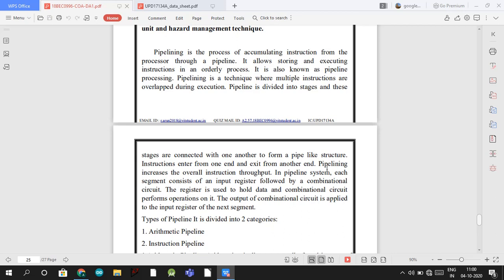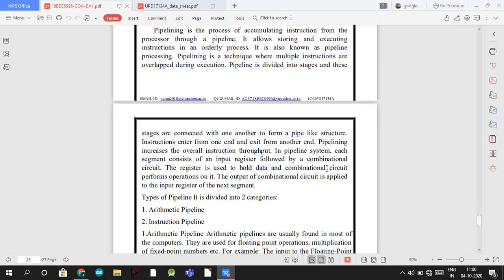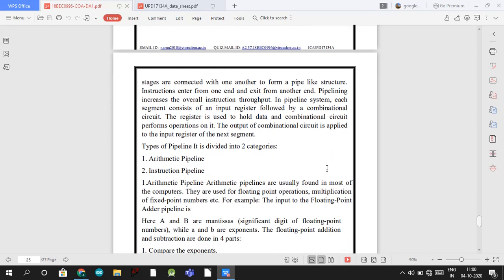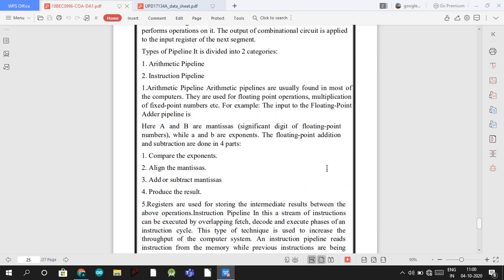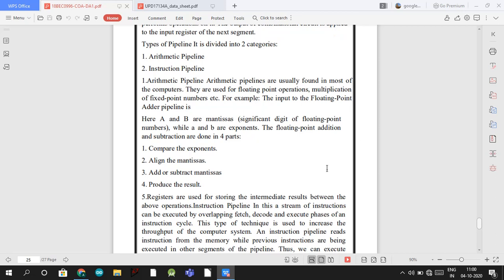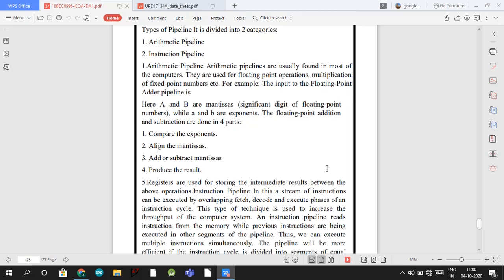There are two types of pipelines used in the UPD17134A: one is the arithmetic pipeline, and the other is the instruction pipeline. Arithmetic pipelines are usually found in most computers that are used for floating point operations, multiplication, fixed point operations, etc. For example, if the input is floating point, the add pipeline is used. Here A and B are mantissas, while a and b are exponents.